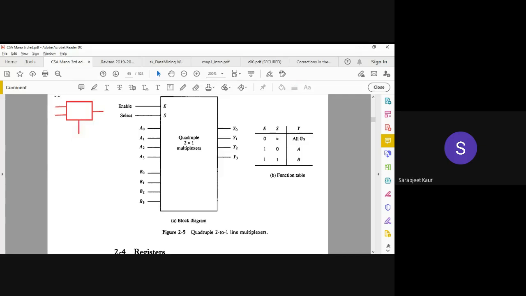Please see that this is one such 2 cross 1 mux, right? So let this be the first mux. What input lines will it have? Let's say A0 and B0.